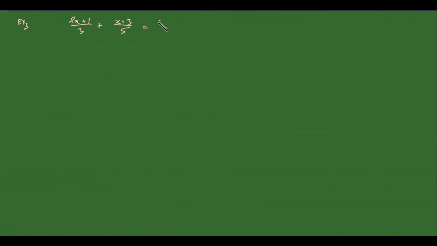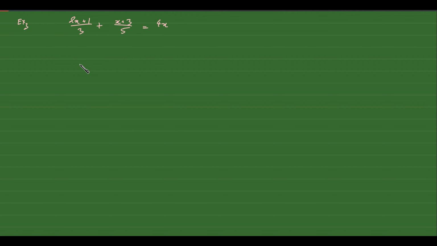Every time you have a fraction like this, in order to combine them, and these are fractions with different denominators, you have to find the LCD. Here the LCD should be 15. It means that you must have the same denominator by multiplying over here by 5, and over here by 3.